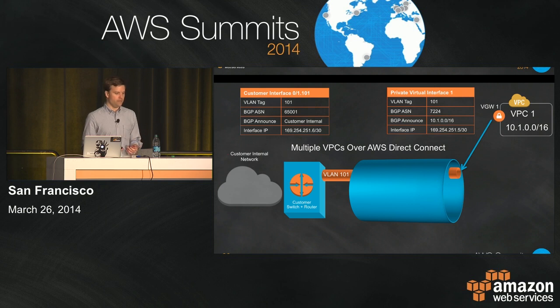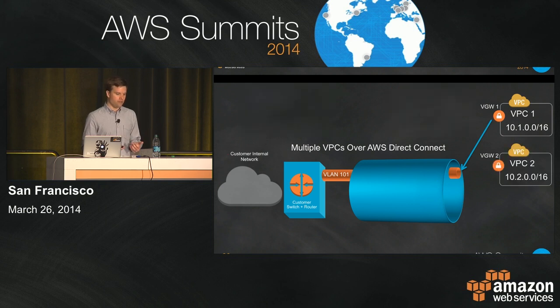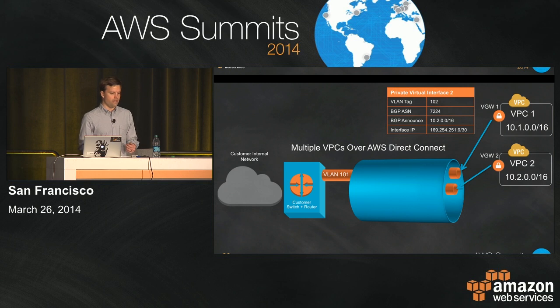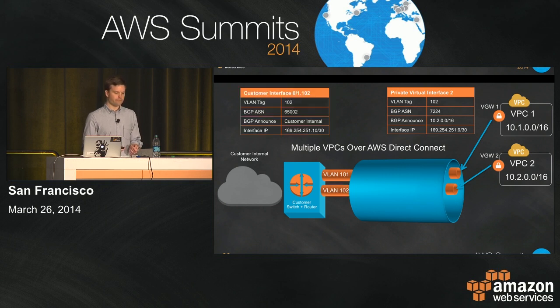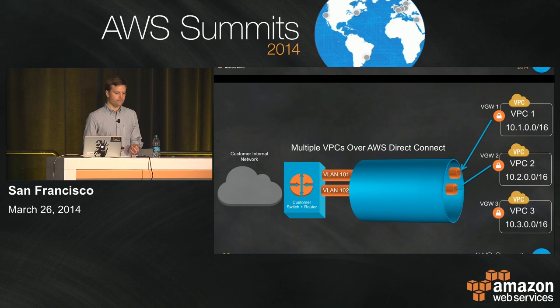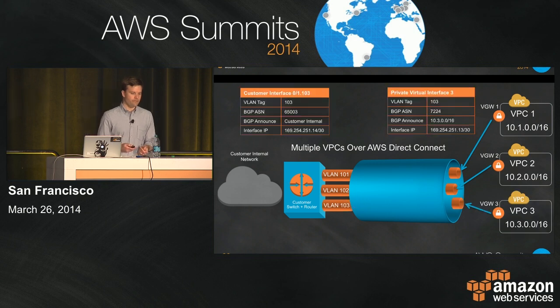And you announce, obviously, whatever you want to announce. So you can go along connecting all your VPCs one-to-one, each creating a unique interface for that VPC. Here we just create another unique VLAN tag. And off we go.